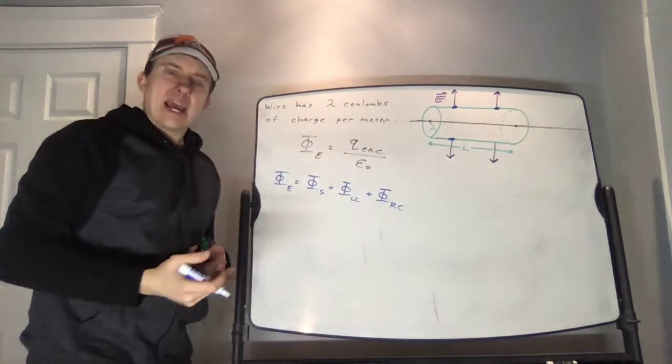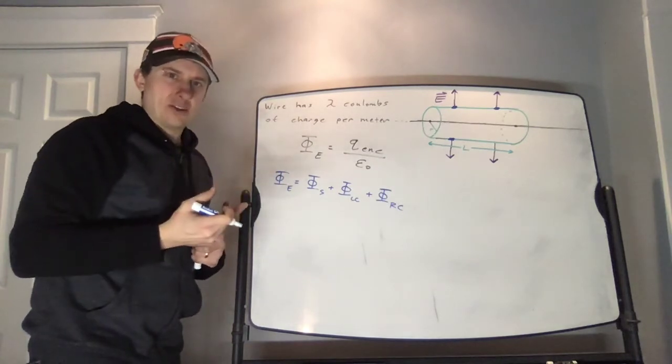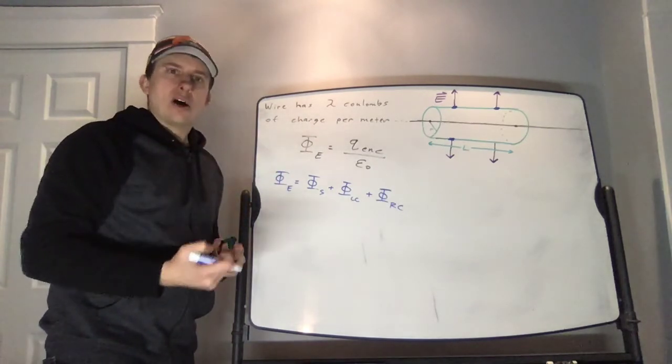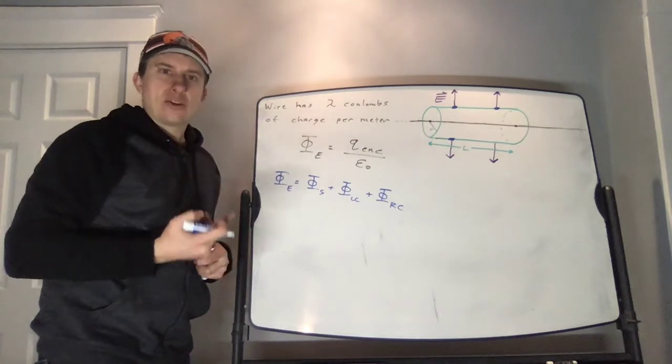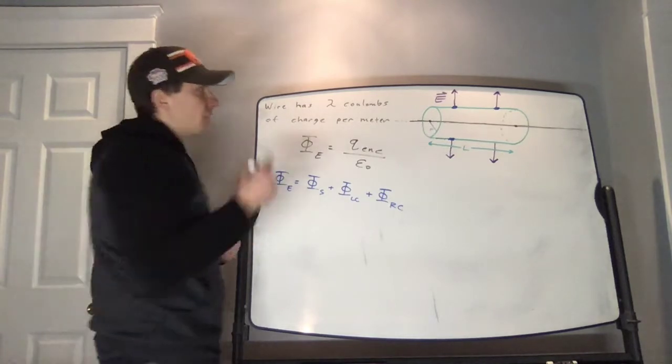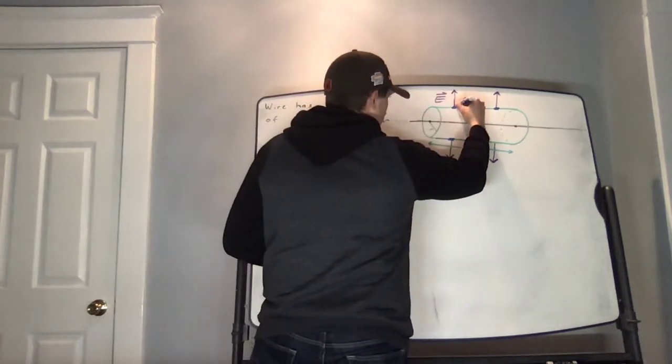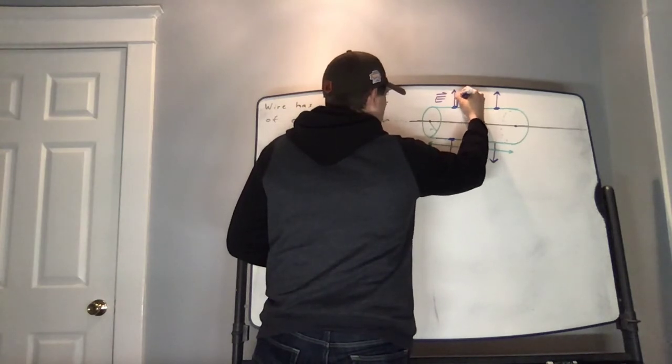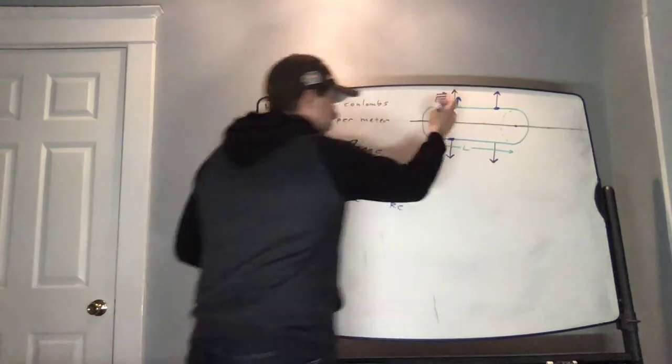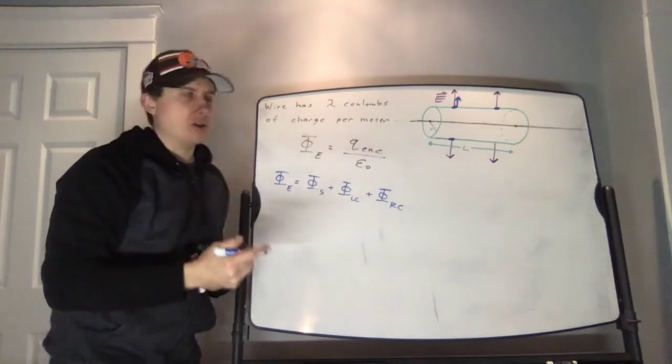If I look at the tiles on the cylinder, the direction of a line that is perpendicular to the surface of the cylinder will point away from the wire. And the direction of the electric field will point away from the wire as well.